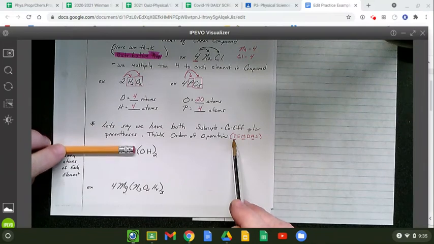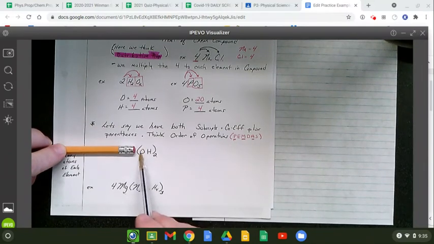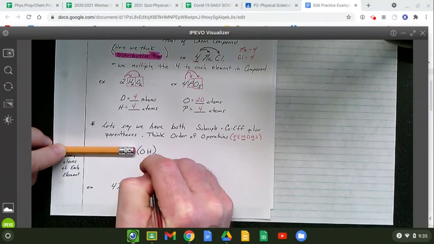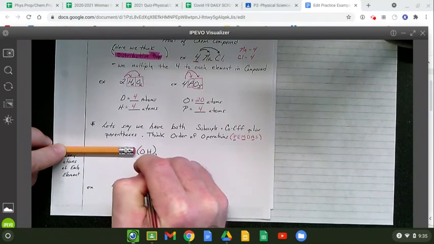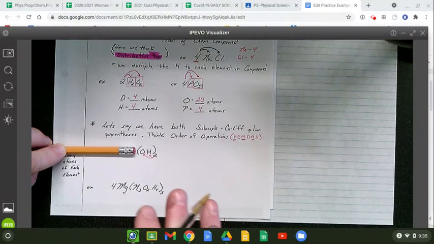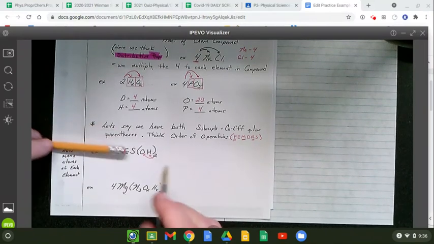Okay. Now in this example, the parentheses are OH with a 2 outside. Remember I said earlier, if there is a subscript outside the parentheses, it only applies to what's inside. So it's like reverse distribution. So we want to get rid of the parentheses first. Okay, so let's do that.